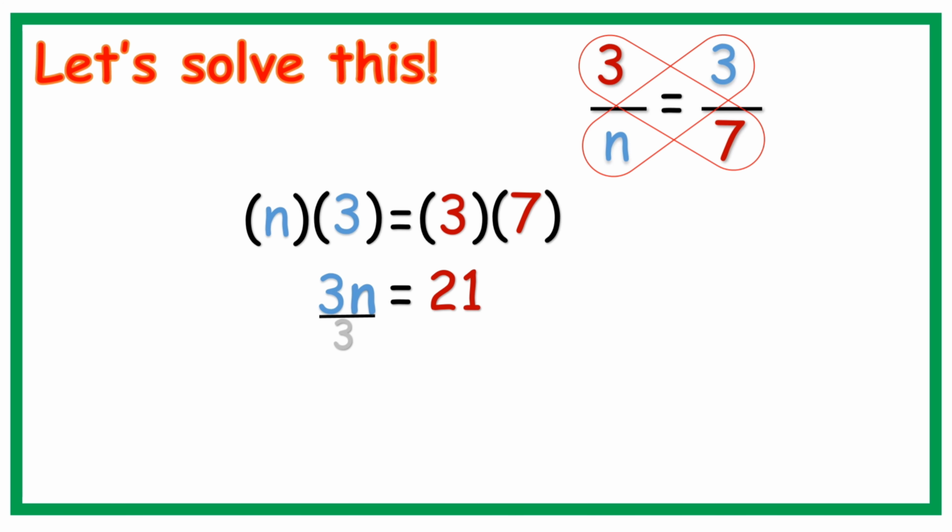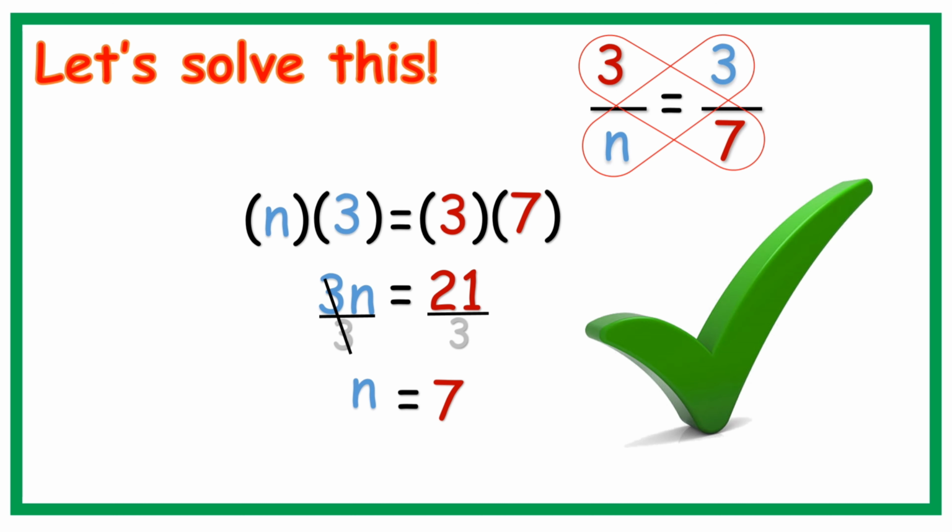By dividing 3 on both sides. That will cancel 3, isolating our variable n. Then, copy the equal sign. And what's the answer? When we divide 21 by 3, the answer is 7. That's it. n equals 7. Just like that.